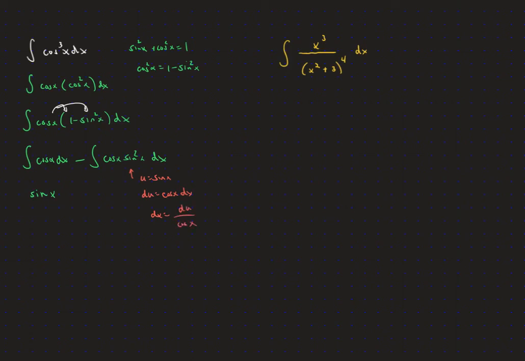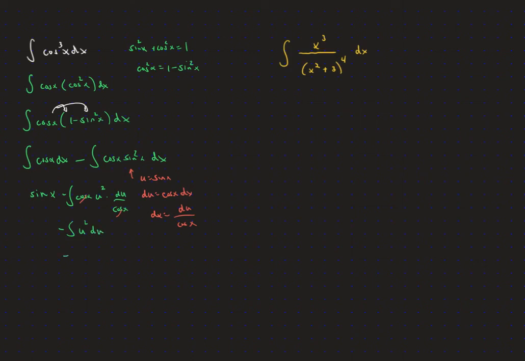So that integral will become minus integral. The cosine x will hang out for a moment. The sine we're going to call u squared, and the dx we'll replace by du over cosine x. That will account for that extra cosine, and so we have minus integral of u squared du.